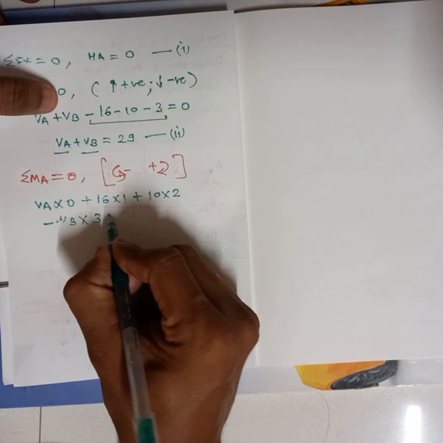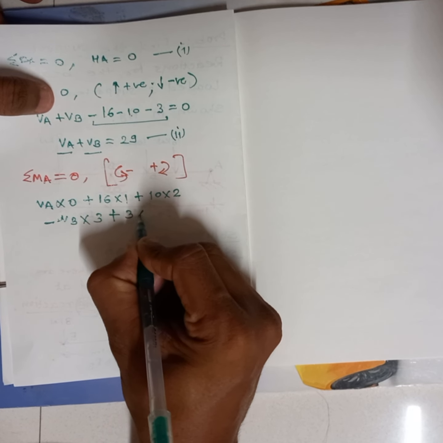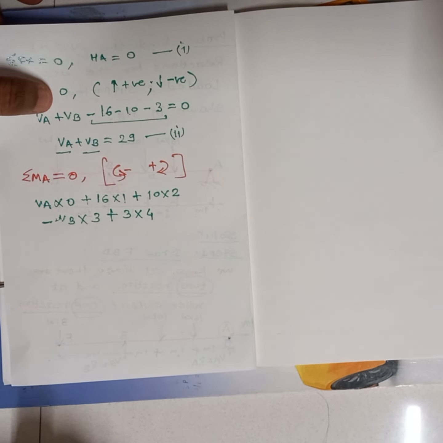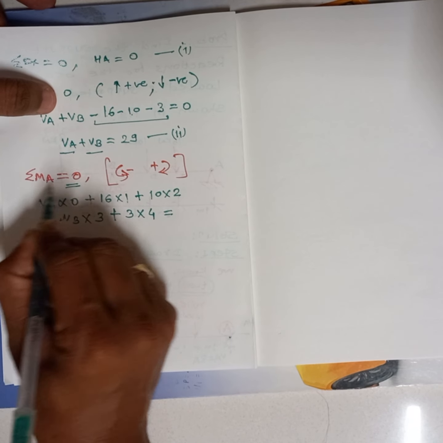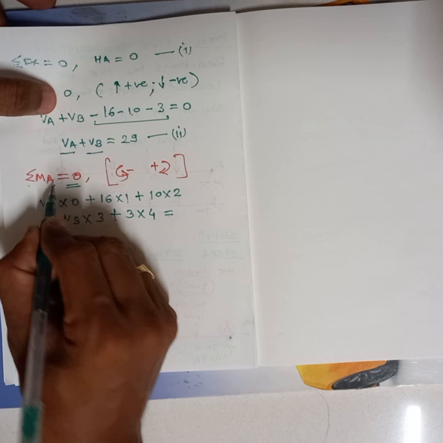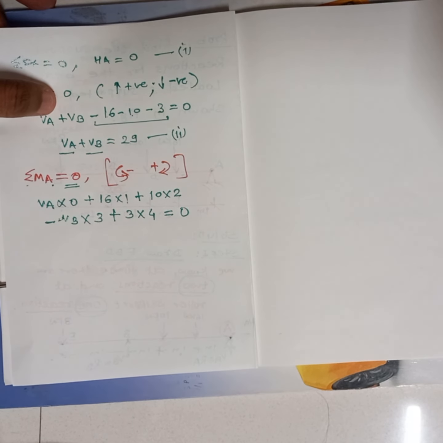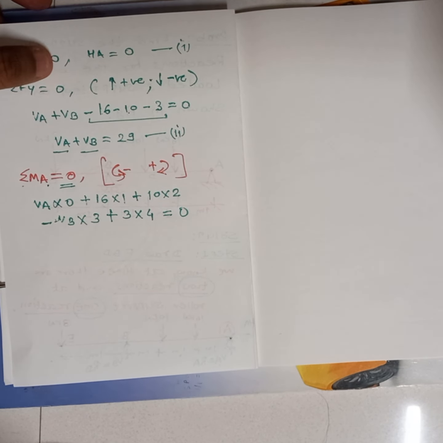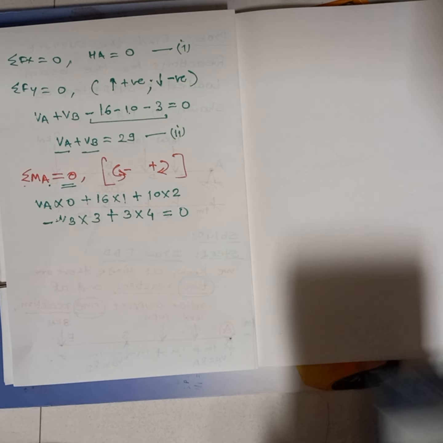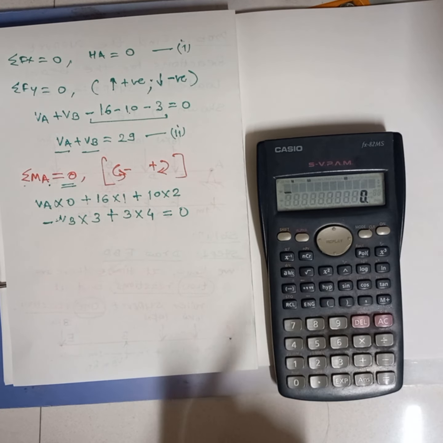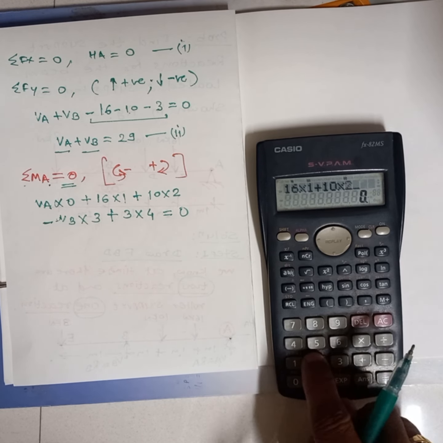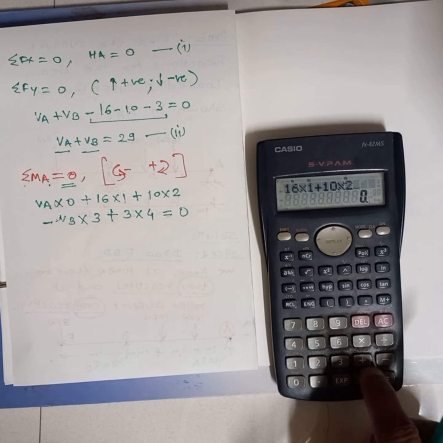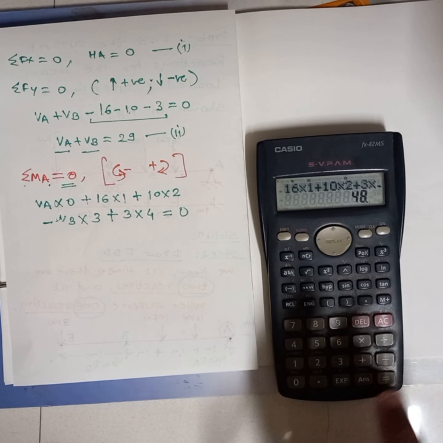right. So I will write plus 3 multiplied by 4. And as per the equilibrium equation, summation of moment is equals to 0, and hence I am writing equals to 0. Simplifying this and solving using calculator, 16 into 1 plus 10 into 2, right, plus 3 into 4.